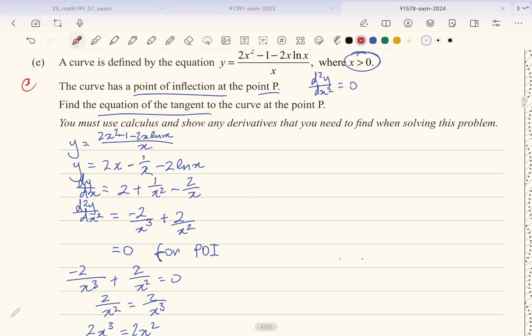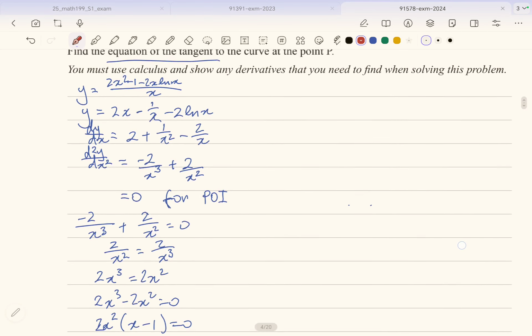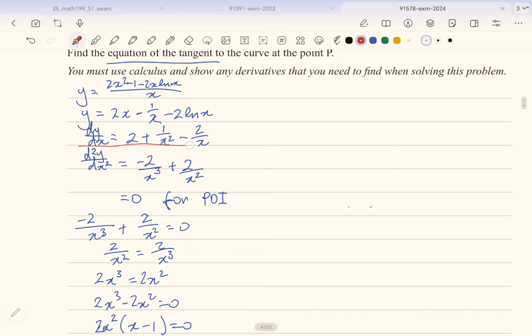Lastly, your excellence question. To get achieved, you need to correctly express dy by dx, which is 2 plus this line, 2 plus 1 over x squared minus 2 over x, or in the answers it is 2 plus x to the negative 2 minus 2 over x. That's your U mark.